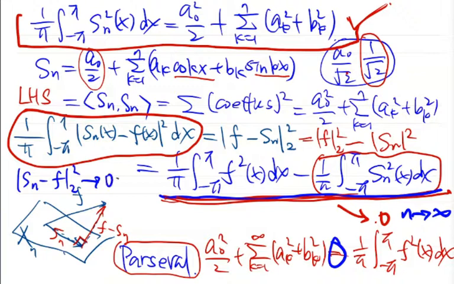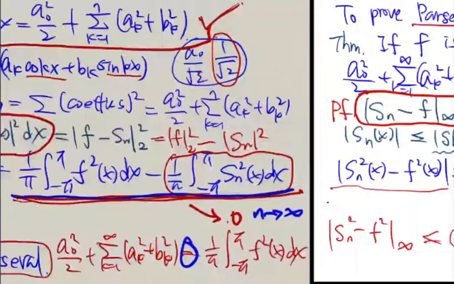The left-hand side is the square of the L2 norm of Sn minus f. The right-hand side going to 0 is equivalent to the Parseval identity, but this is equivalent to the L2 norm squared going to 0. So once you have the Parseval identity, you have this L2 convergence.